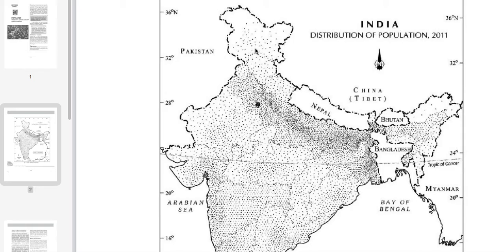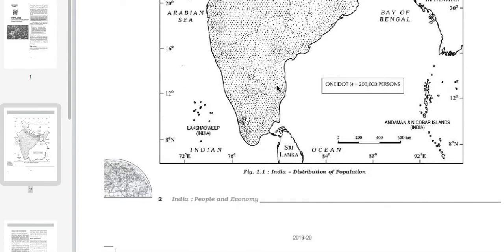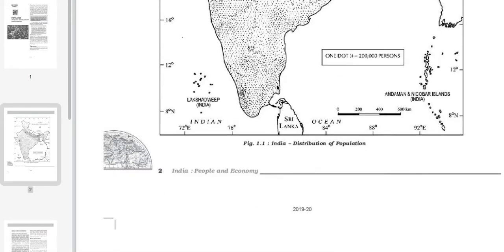The weather conditions are too harsh, there is no proper availability of water, no proper means of irrigation, and the land is not properly leveled. So these states have very little population.